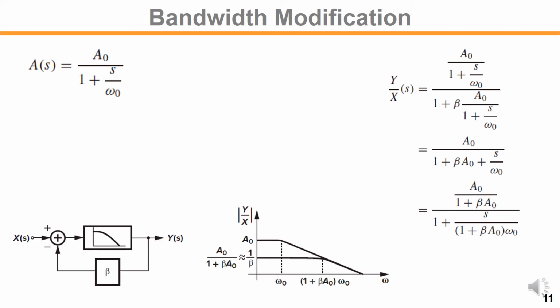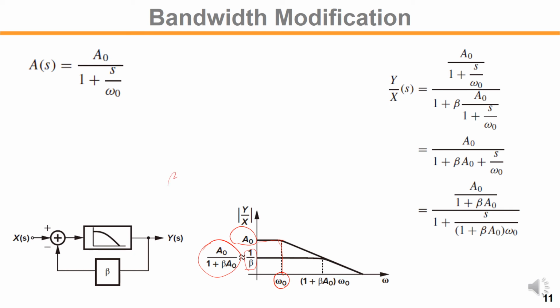As you can see on the bottom, for the original amplifier, the DC gain is A0, and the bandwidth is limited to omega 0. Now, after the feedback, your DC gain becomes like this. If A0 is large enough, then it approaches 1 over beta.